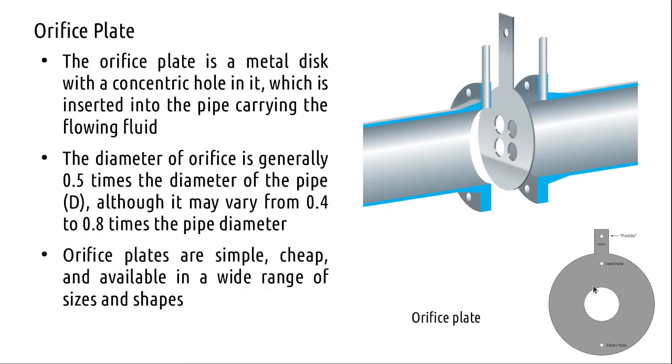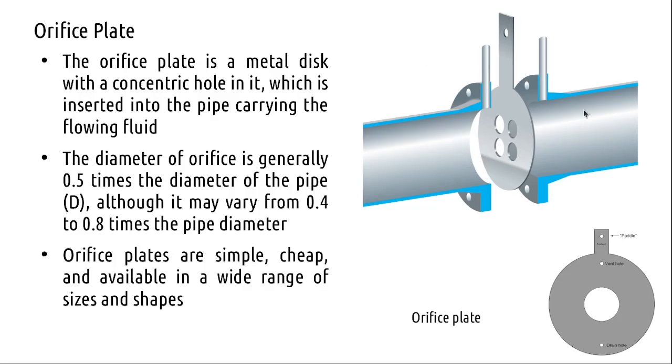For simplicity's sake, we will take the case of an Orifice plate which has a single hole. If you apply Bernoulli's principle, you will know that your pressure head on this end will be reduced and the velocity will be increased.